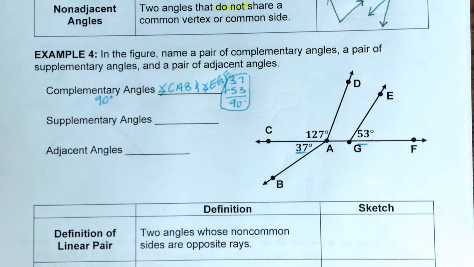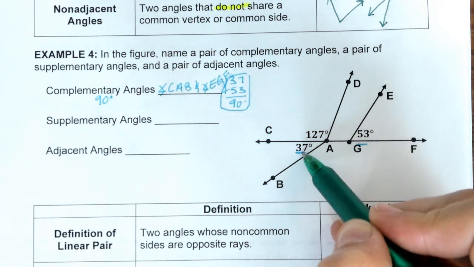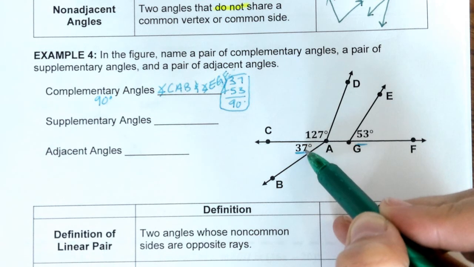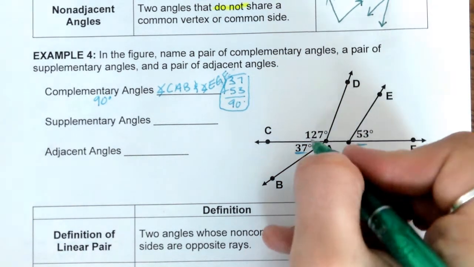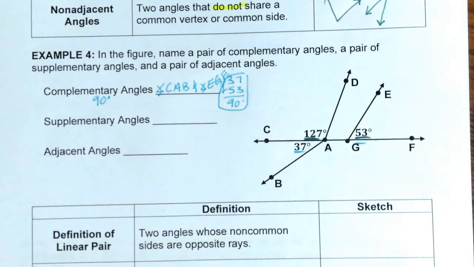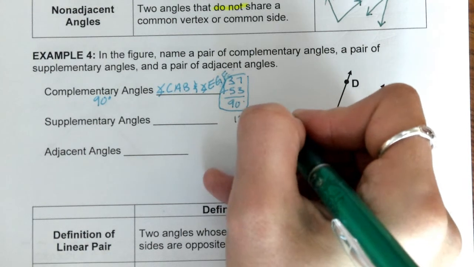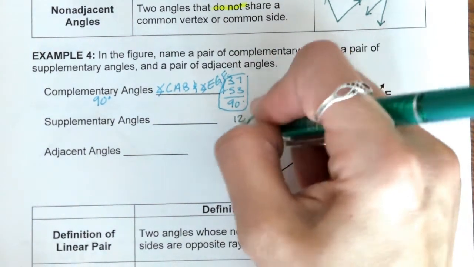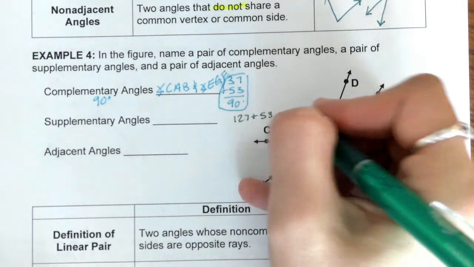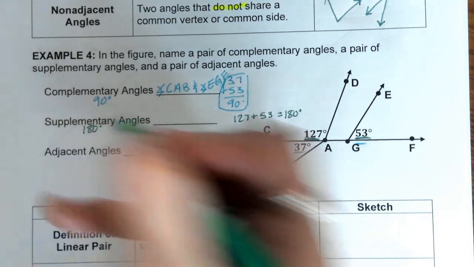When we take our angle measurement here of 127 and we add it to 37, well, I already know that the 7 plus 7 is going to be 14. I'm too much here, okay? But if we take this 127 degrees and we take that 53 degrees, so we have 127 plus 53, we're going to wind up with 180 degrees, and that's what your supplementary is.